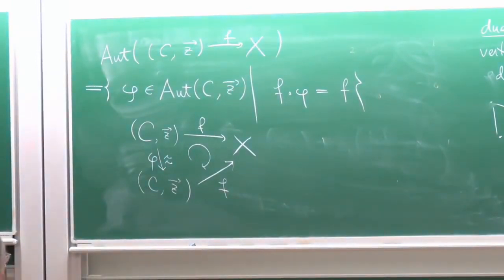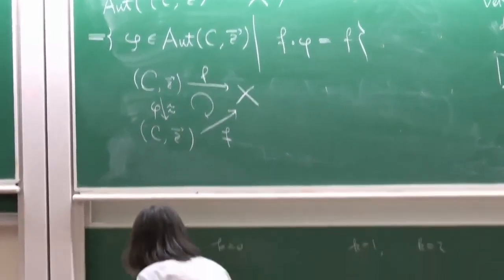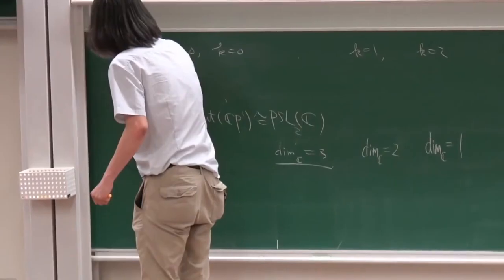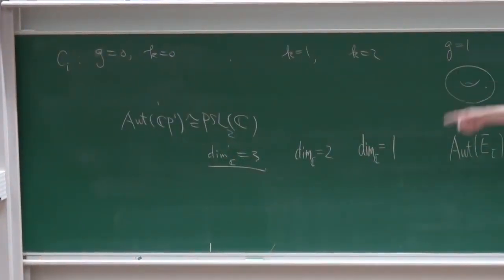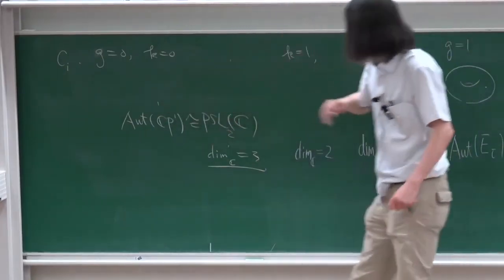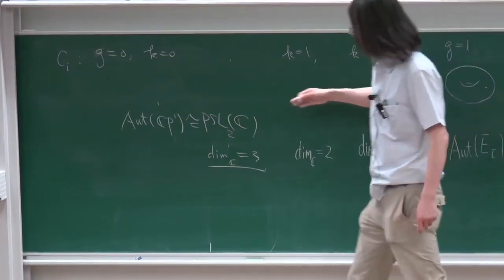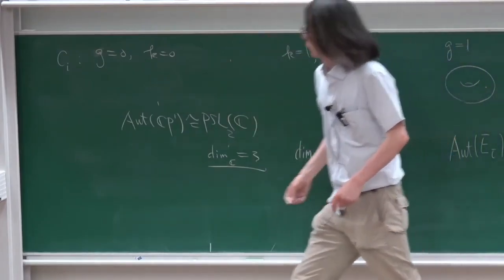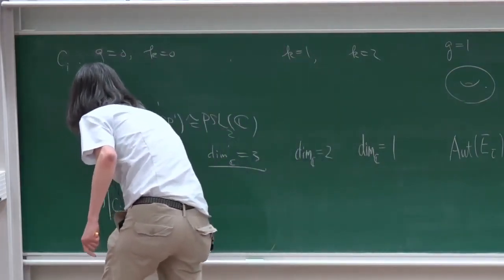A map from the pre-stable curve. In this case, if one component Ci of your curve is genus 0 and k equal to 0, then the automorphism group is infinite. So therefore the domain itself is not stable. But now you assume that the restriction of F to Ci is non-constant.